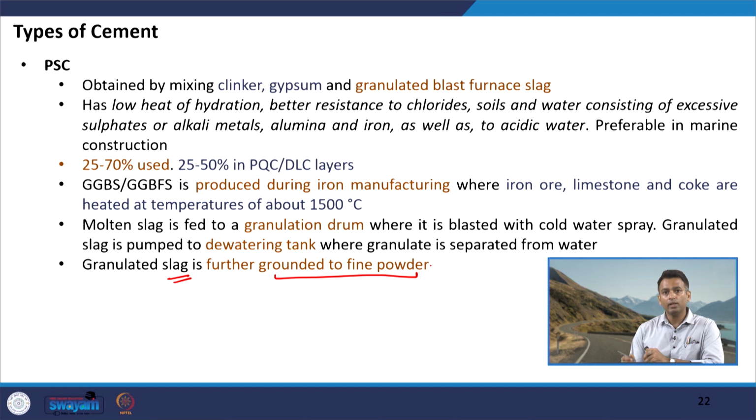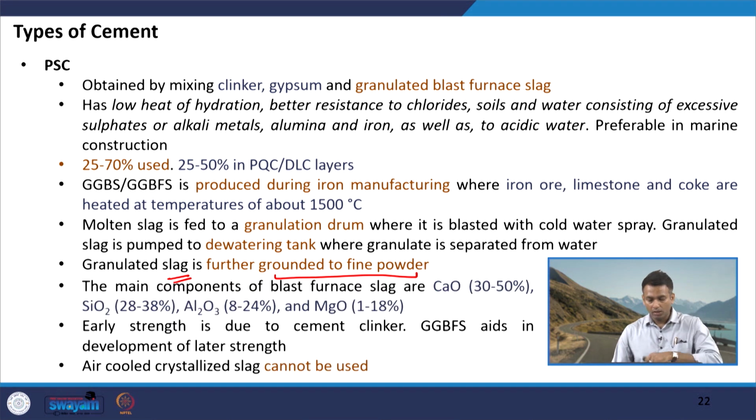Another way of looking at it is that we can also allow the molten slag to cool in air, but air cooled molten slag is not typically used for the production of the granulated blast furnace slag, which we use as a replacement of cement for the production of Portland slag cement. This granulated slag is further ground to fine powder, and this fine powder is the material which we have to add in the Portland slag cement.